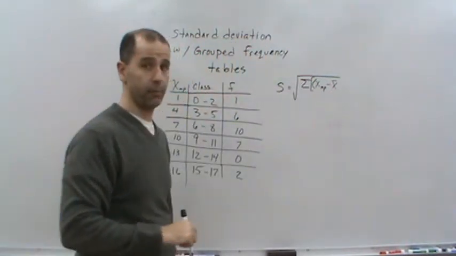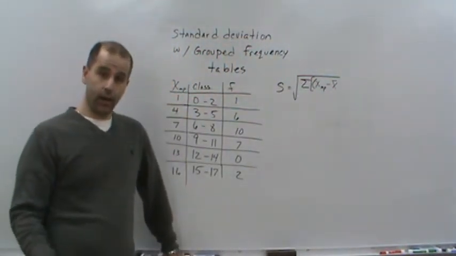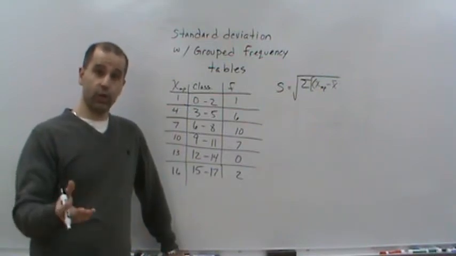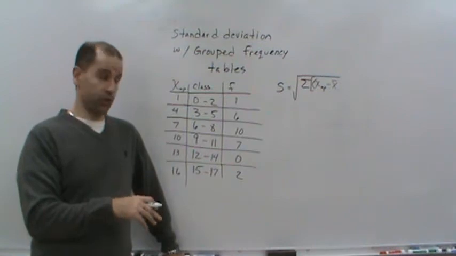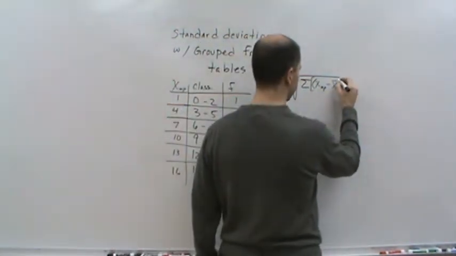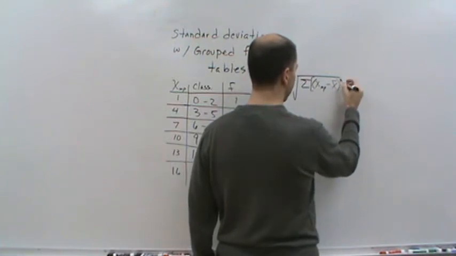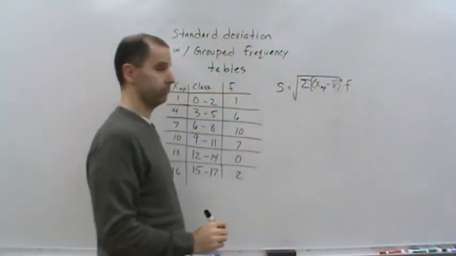Where does x bar come from? X bar is the mean of the frequency distribution, which we talked about before in the last section. Okay, so here's the mean squared times the corresponding frequency.